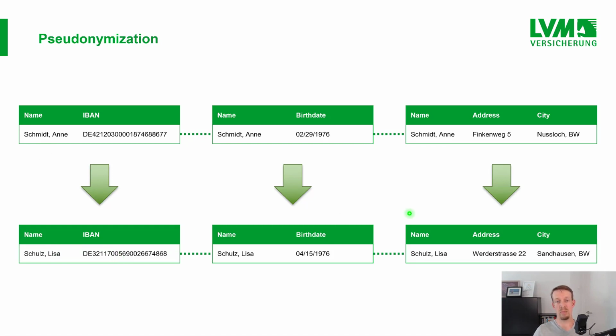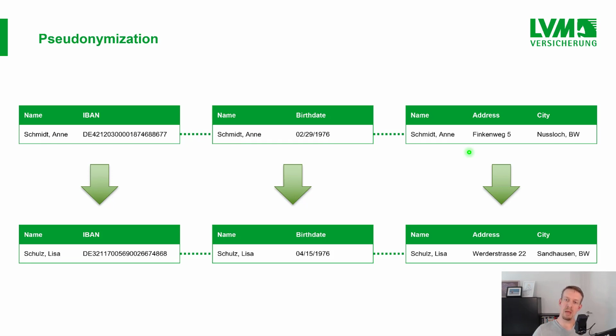And we also have to replace, for example, the location where she lives. Replacing the bank account information might seem an easy task, as well as replacing the name and the date of birth. But for example, replacing the location might be a quite complex task, because we cannot replace the location by any other location. We have to replace the location somewhere near the original location.